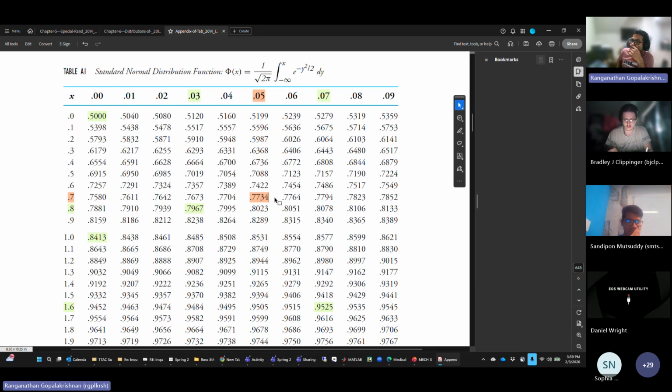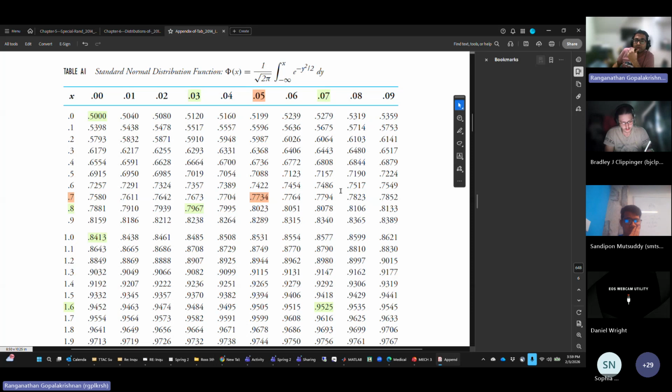Is that the answer? Wouldn't we want to go closer to 75%? Like for 0.68, there's 0.7517. Wouldn't that be a closer number? Okay. I was trying to confuse you guys by giving a false choice. I just took X equals 0.75 and it just happens to be 0.77. It's just a coincidence that this is also close to 0.75.